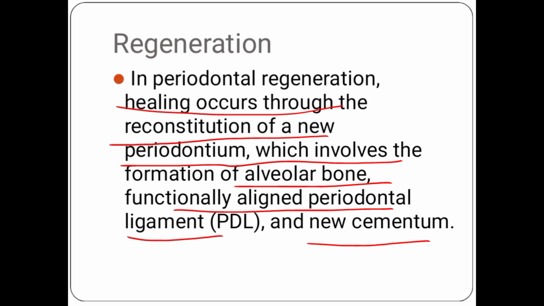In the periodontium we have bone, ligament and cementum. We have named the three periodontium components, but why have we not named the gingiva? Because in gingiva, regeneration is not very likely to happen spontaneously.